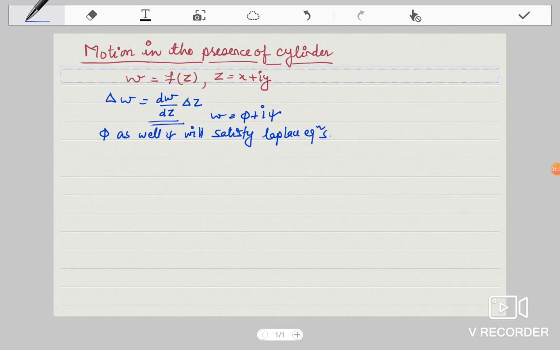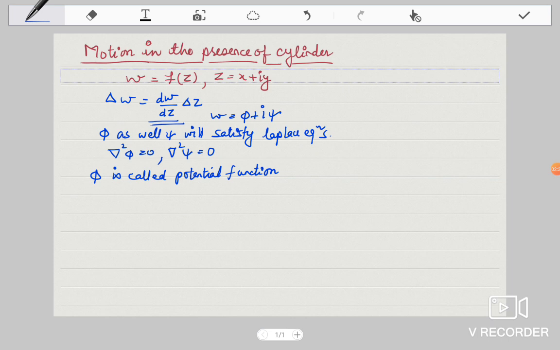That is, delta 2 phi is 0 as well as delta 2 psi is 0. Or we may say that without any loss of generality, phi will be the potential function, or the function for the potential flow.